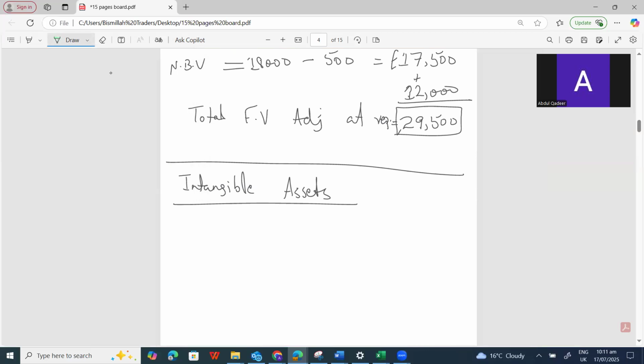Okay, intangible assets, customer base relationship. The intangible assets value is 12,000, useful life 4 years, and when we calculate amortization, it comes as 12,000 divided by 4, which is equal to 3,000 per year.